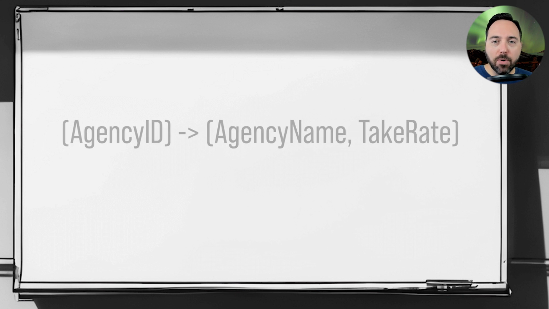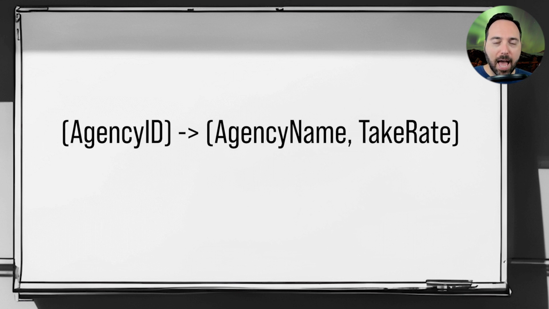If we answered no to the prior step, which, by the way, we did, then what we want to do is take a non-candidate key determinant and break it out into its own rel var, following Heath's theorem. I'm going to start with agency ID, which is my X. The Y is the stuff which agency ID functionally determines, agency name and take rate.